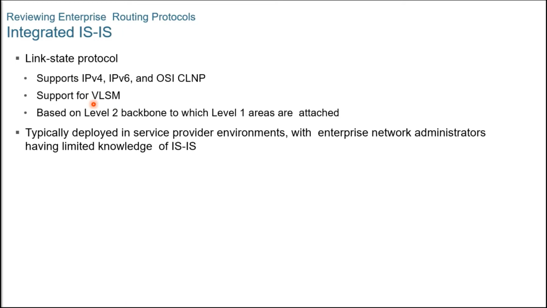CLNP is the OSI suite solution for connectionless delivery of data, similar to IP in the TCP/IP suite. So IS-IS uses CLNS addresses to identify the routers and build the link state databases, or LSDB.